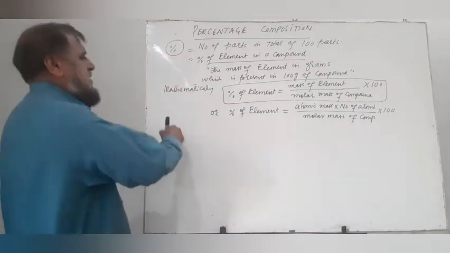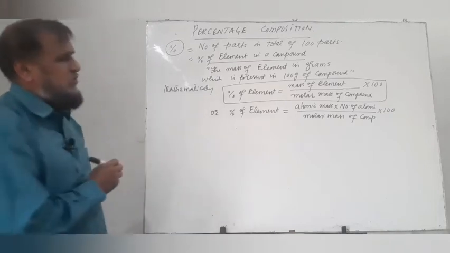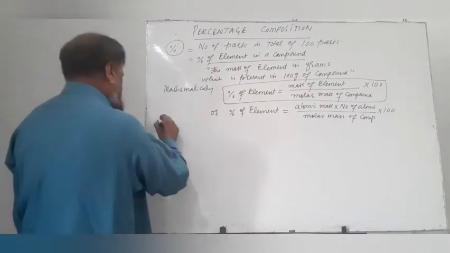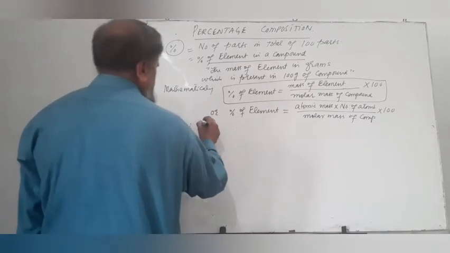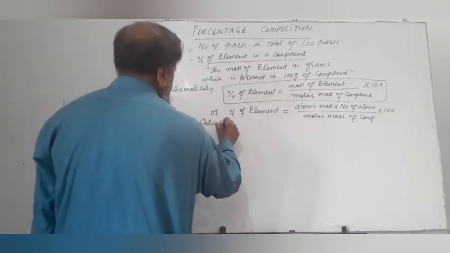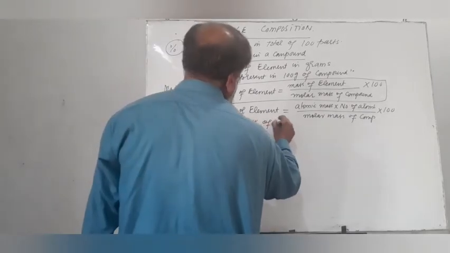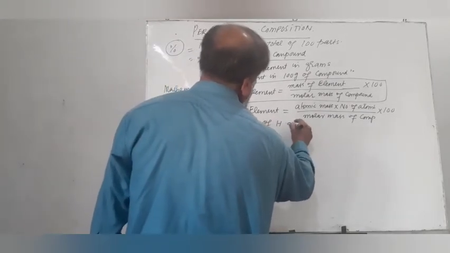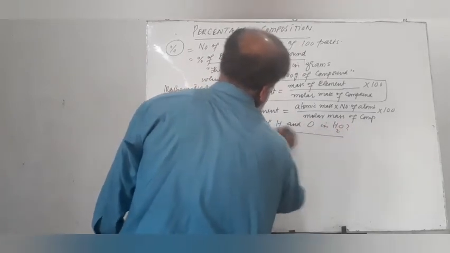Let us consider the simplest example, which is the calculation of percentage of hydrogen and oxygen in water. We are asked to calculate the percentage composition of water.